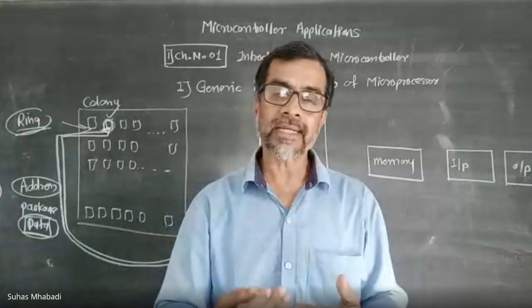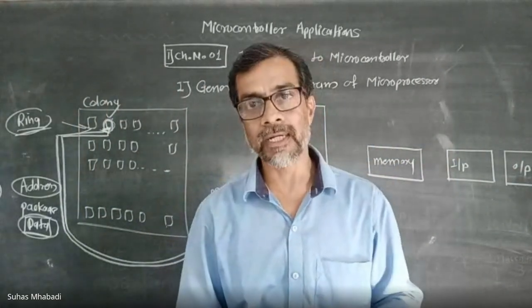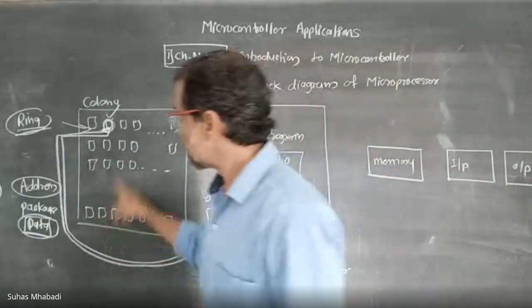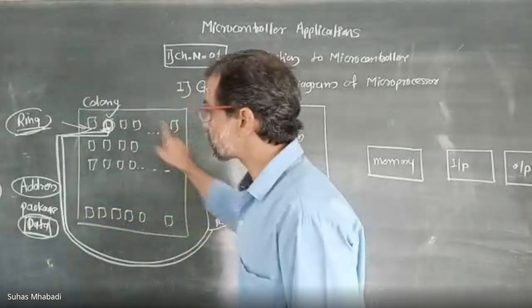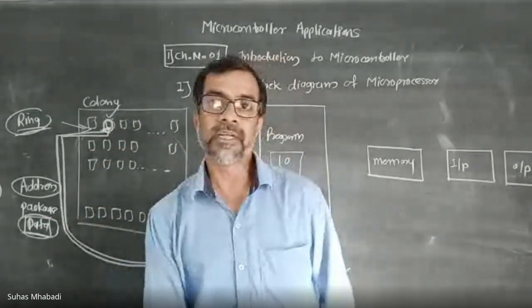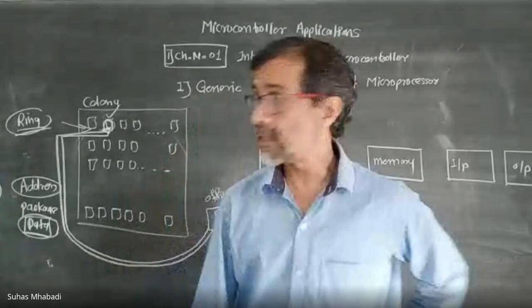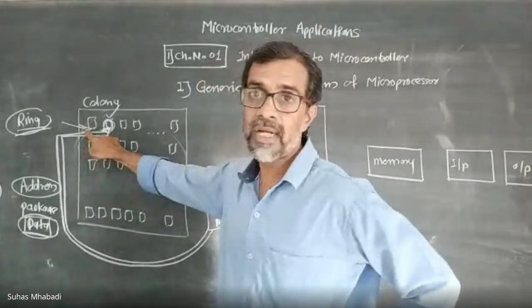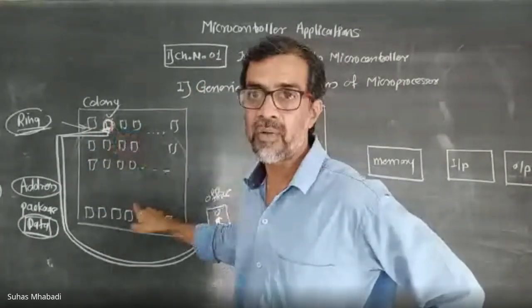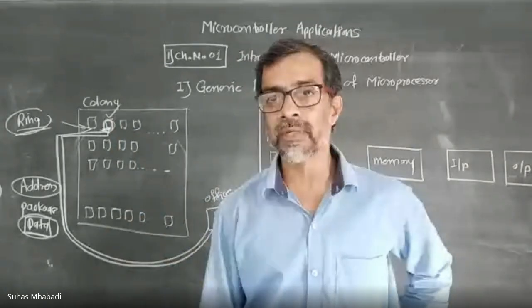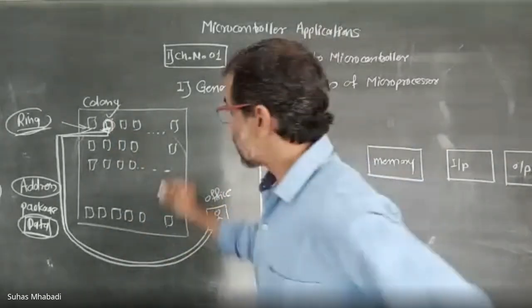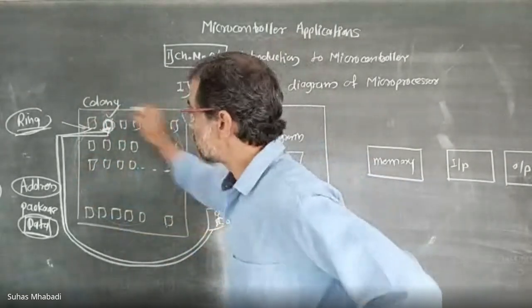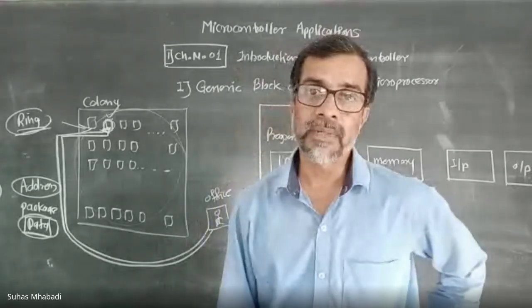So the address of every house will be unique. Depending upon the number of locations, the address must be defined, and that address should not be transferable. The address of the first house is not the second house's address. So a unique address must be defined depending upon the number of houses in a colony, and unique addresses must be given to each and every one.